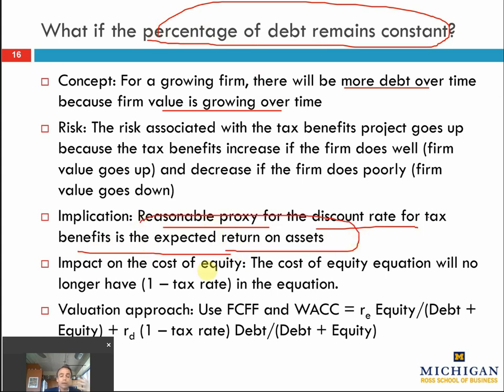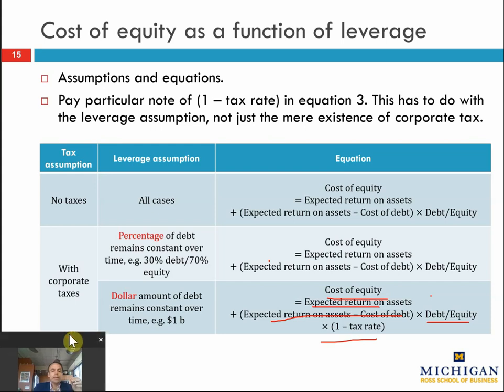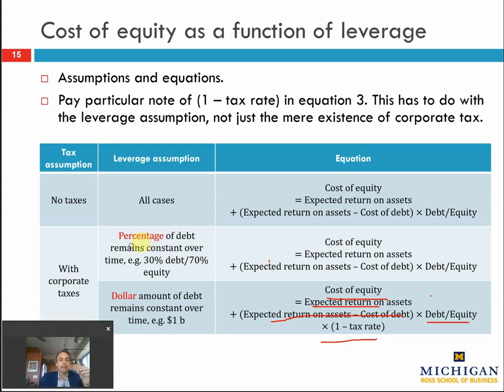Now, with a bit of algebra, which I don't go through in this presentation, the implication is that our cost of equity equation is no longer going to have 1 minus tax rate in the equation. And that's why we end up with this slide here. If the percentage of debt is going to remain constant, you have the equation on the right. The cost of equity is the expected return on assets plus expected return on assets minus the cost of debt times the debt to equity ratio. 1 minus tax rate has disappeared.